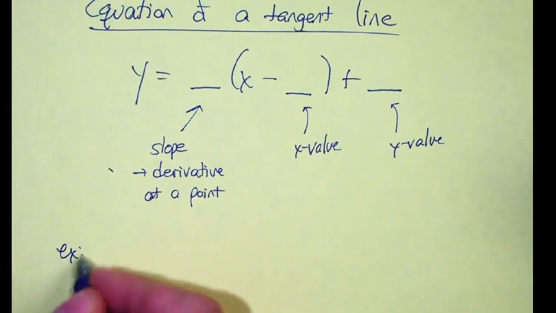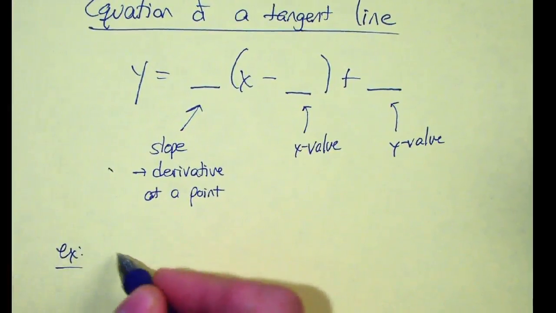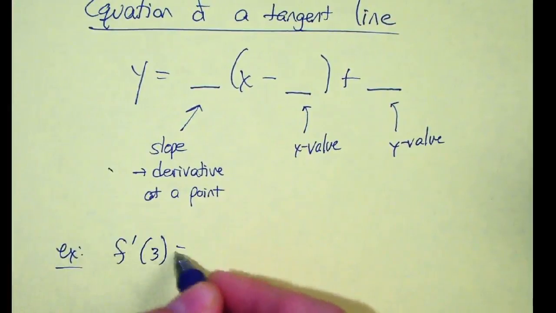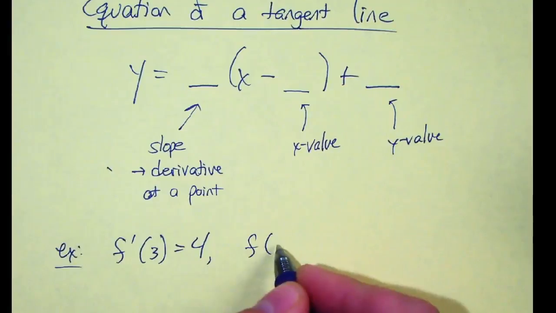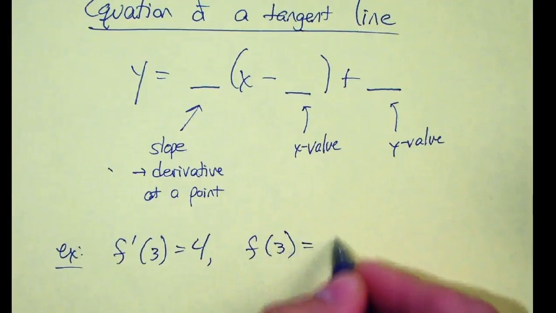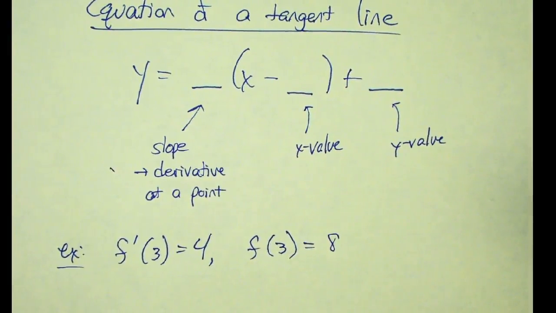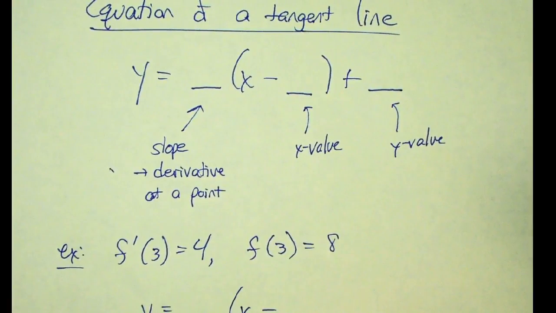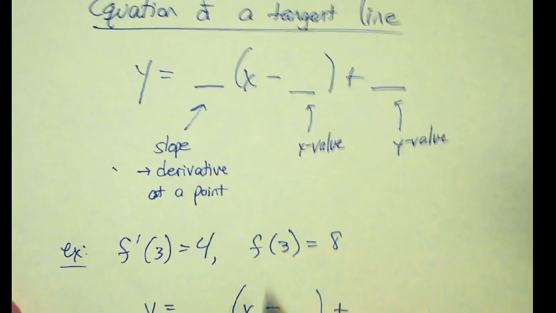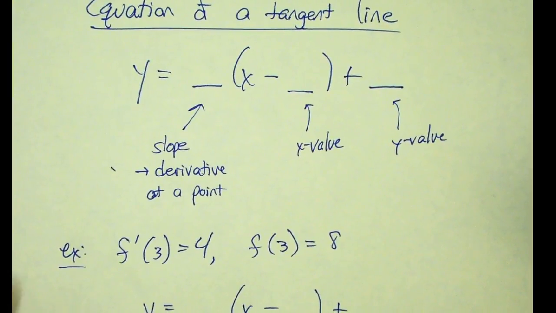As an example, they might tell you that f prime of 3 equals 4, and that f of 3 equals 8. And they'll say write the equation of the tangent line. So for right now, it's almost just like a mechanical, okay, I know I'm going to put this here, this here, this here, and you're getting an equation. We will talk a lot in class about what this means.